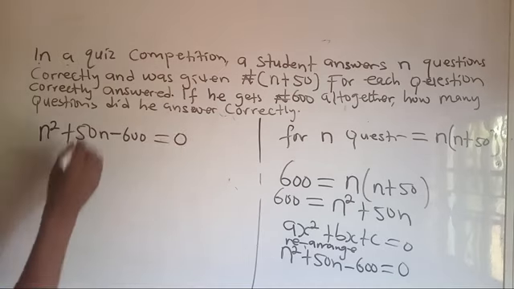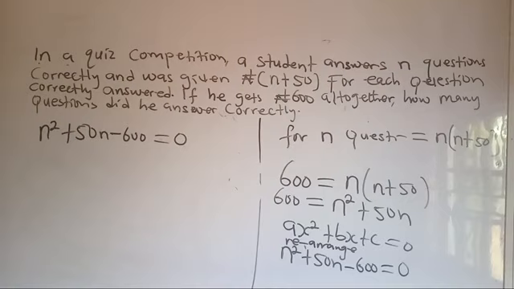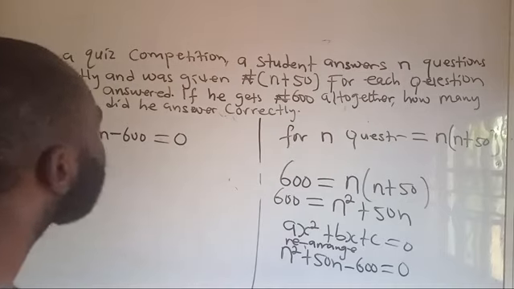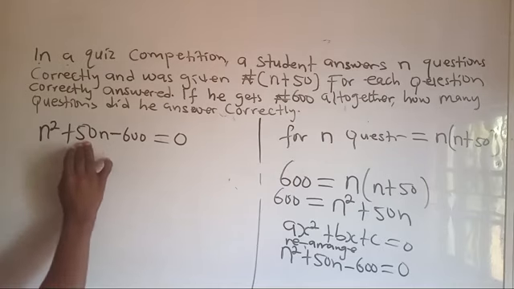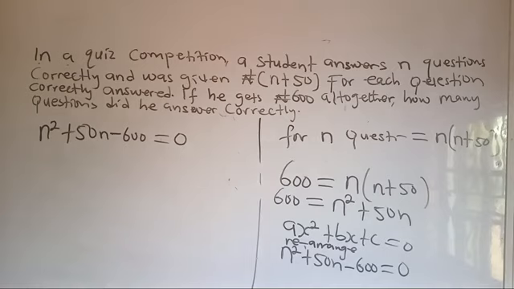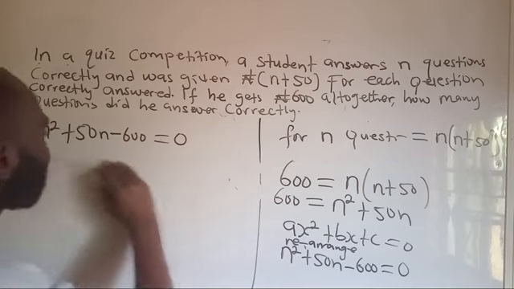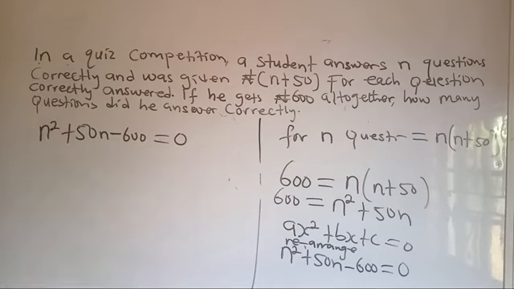Now in a quadratic equation, you think of two possible numbers that when you add, you have the middle term, and when you multiply, you have the last term. That is in factorization. But in the completing the square method, there is no need for that. Then in the formula method, there is no need for that. But we can factorize this equation here.